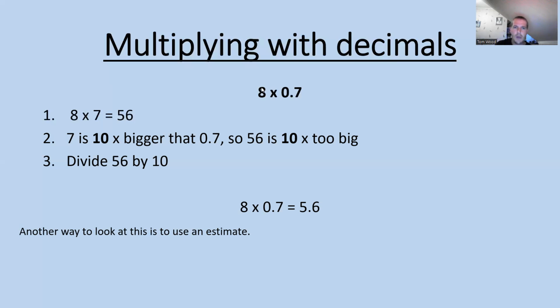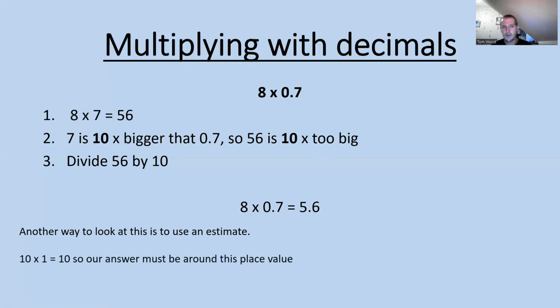And that just tells me where I can put my decimal point back in. In this case here, I've got my answer of 56, which I know is too big. My decimal point's either going to go here or it's going to go here. If I put my decimal point here and I have 0.56, I know my answer is way too small because my answer's got to be close to 8. So just use an estimate and put the point in there.